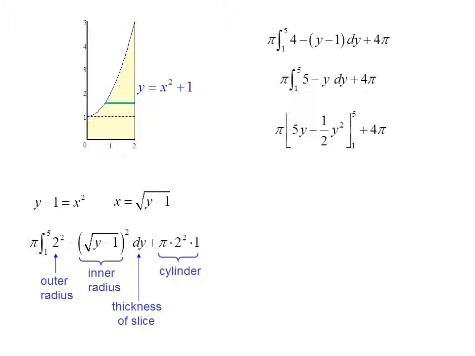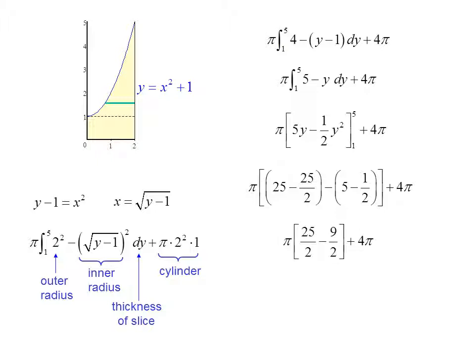We find the antiderivative, plug in the limits of integration, and simplify. And we get our answer, which is 12 pi.